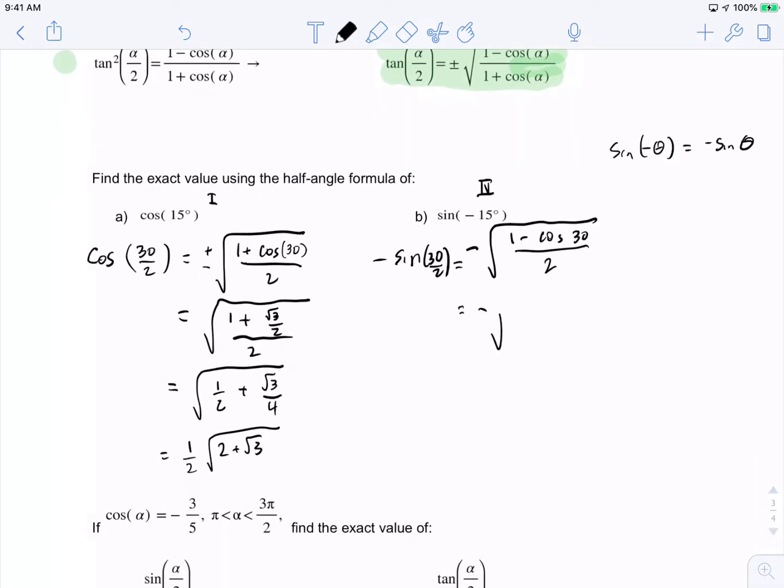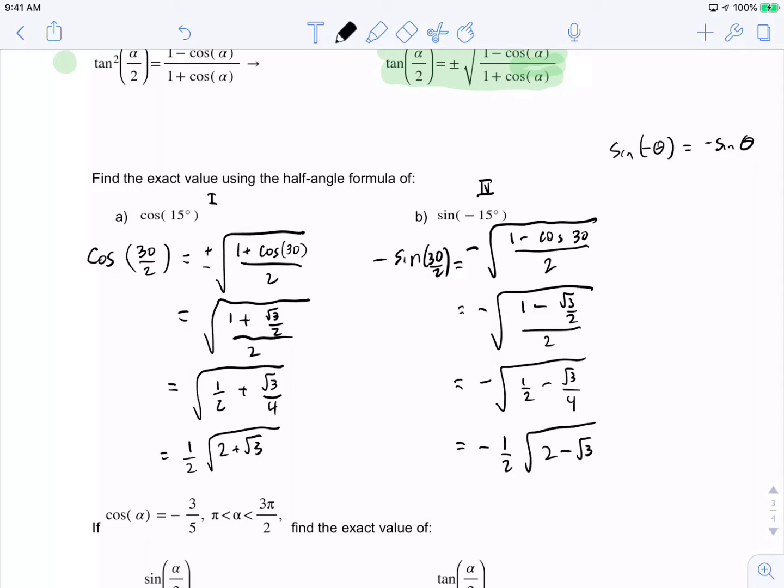And so negative square root of 1 minus, and again it's radical 3 over 2 over 2, which is going to give us negative 1 half minus radical 3 over 4. And again, we could do the same thing that we did there and go negative 1 half square root of 2 minus radical 3. And that's its solution.